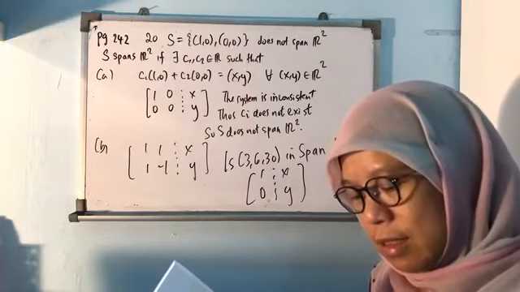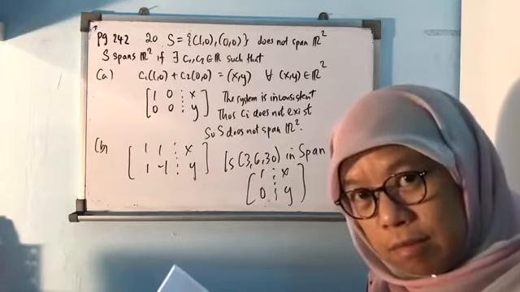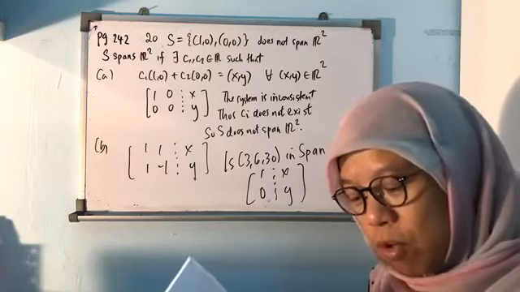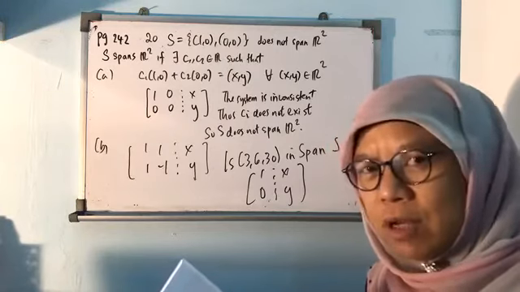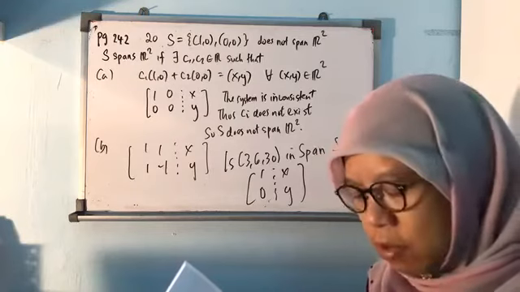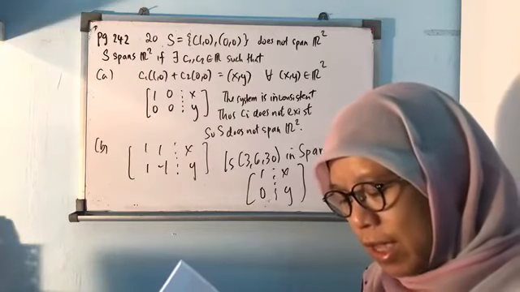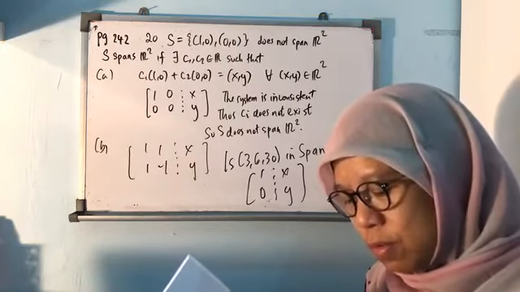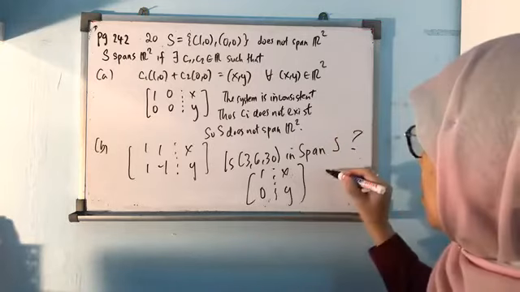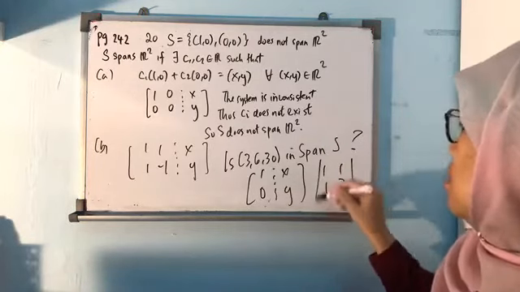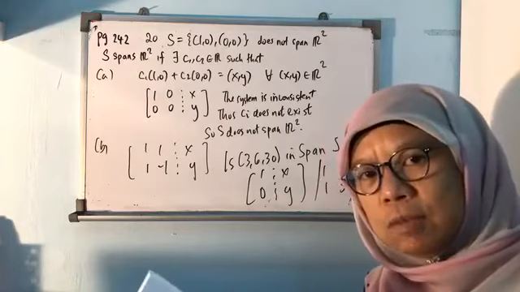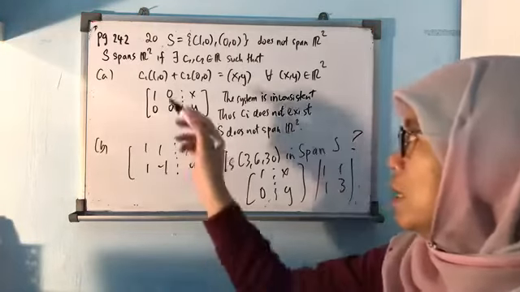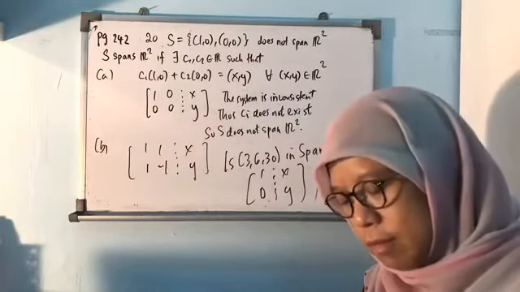D, yes, it spans, because you have more vectors, you can get rid of (2, 2) because it's just a multiple of (1, 1). After getting rid of (2, 2), you have (1, 1) and (1, 3). And you see this already spans R2, but when you write it out like this, you can see it.